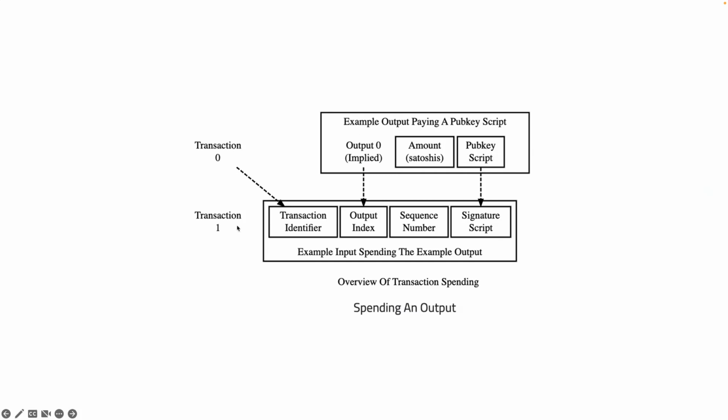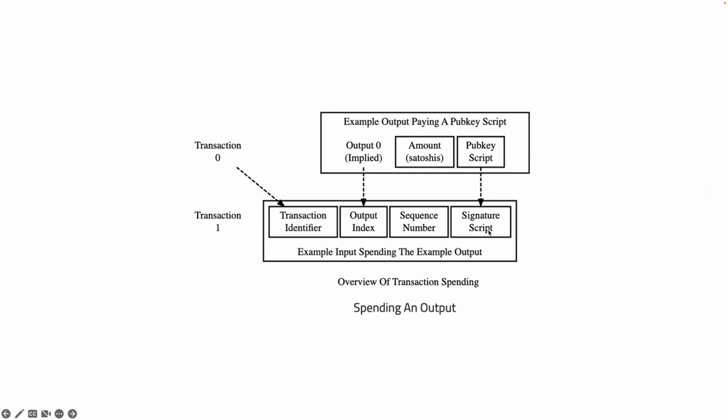And then in the input, how do you spend this output? You have to do two things. First, of course, you connect it: which output are we spending? So the transaction ID identifies the transaction, and then the output index, since you can have multiple outputs, identifies which output this input is spending. The sequence number we can ignore in this case. Then there's the signature script, traditionally called that, but now we call the generalized version the unlocking script.